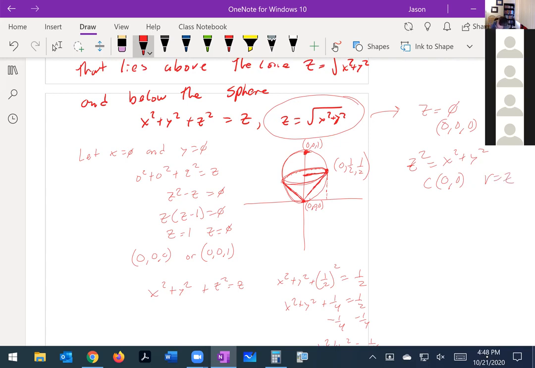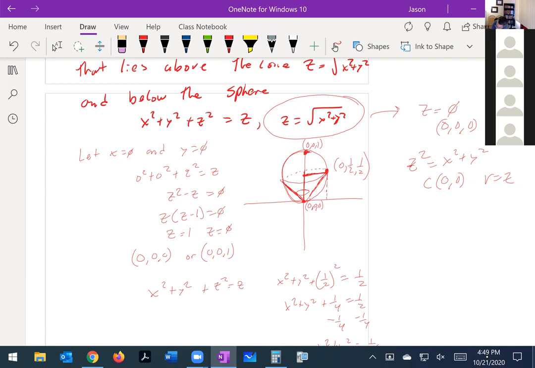So this cone's going to be made of these concentric circles of radius z. However far up z goes, that's the radius. So if I go up halfway, then that's the radius. If I go up a third of the way, then that's the radius.